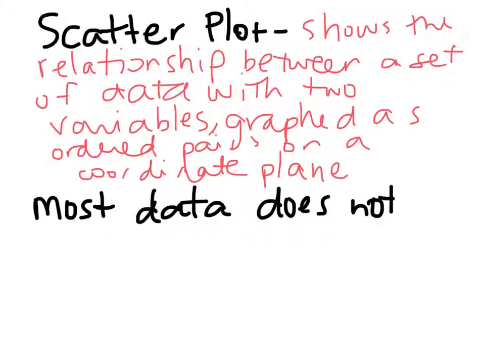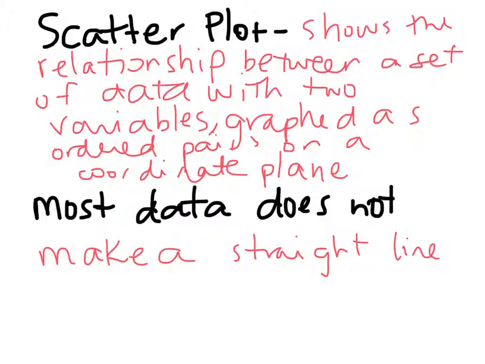Now, in reality, when I gather this data and graph it on a coordinate plane, most data does not make a straight line, right? So it's not linear when we plot that data.